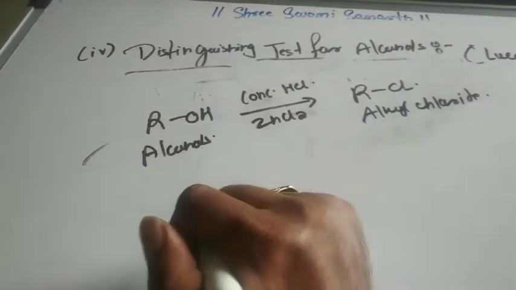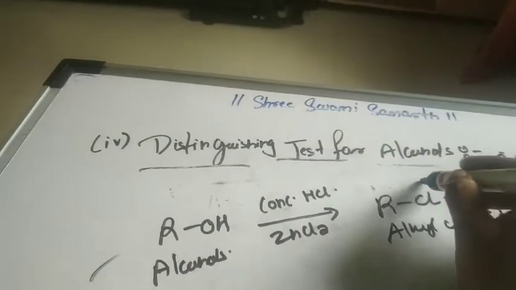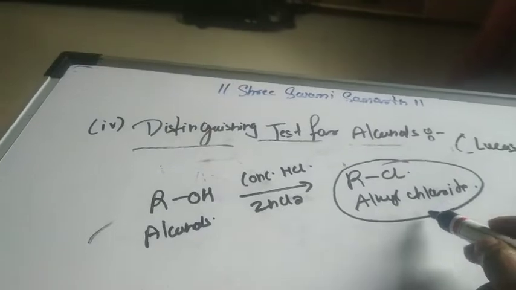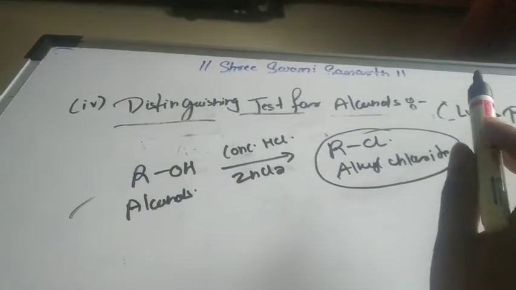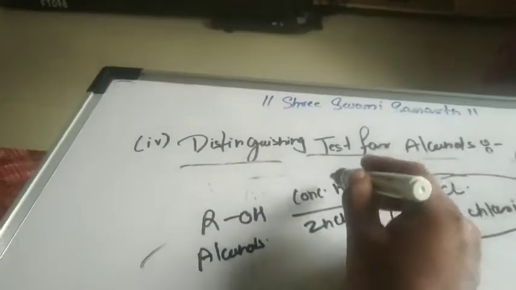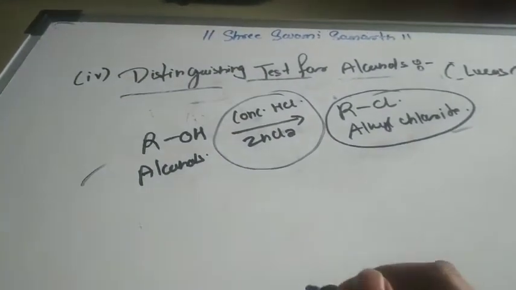Now here, how to understand whether it is a primary alcohol or a secondary alcohol? We are not here to understand how the alkyl chloride is formed. We are not interested in this. We are interested in the Lucas reagent, right? Now see how to classify the alcohols.